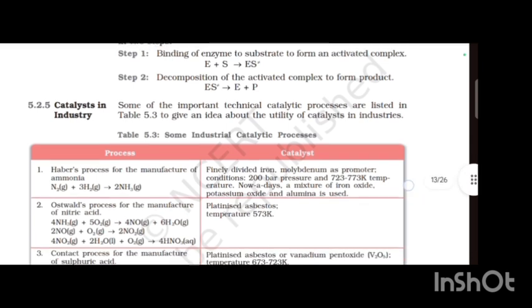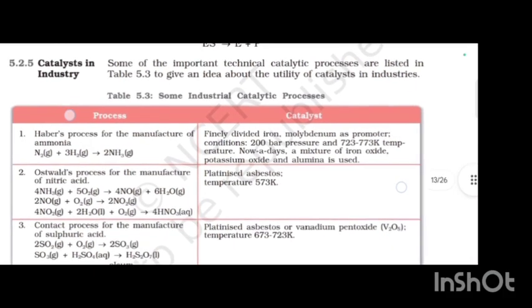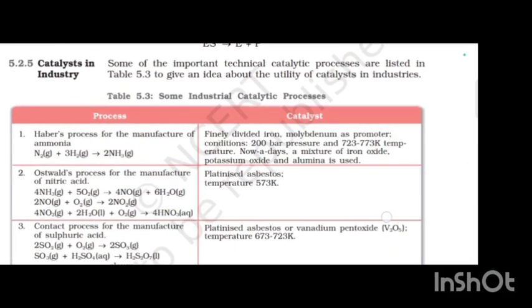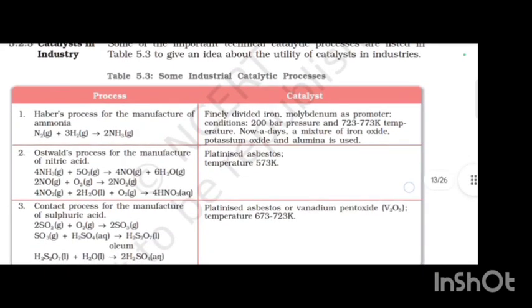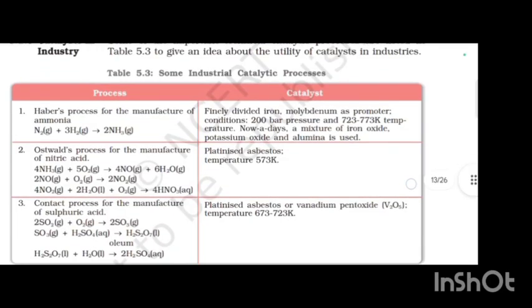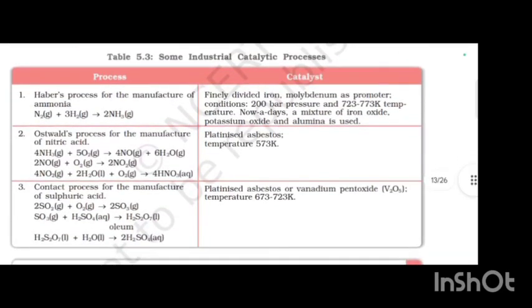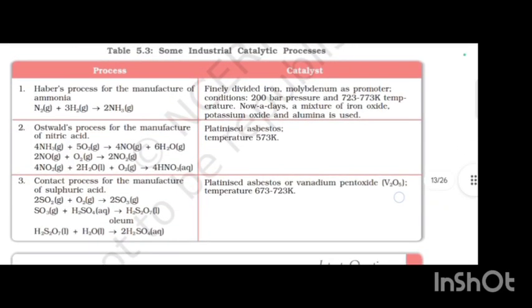Catalysis in industry. Some of the important technical catalytic processes are listed in Table 5.3 to give an idea about the utility of catalysts in industries. Table 5.3: Some industrial catalytic processes.